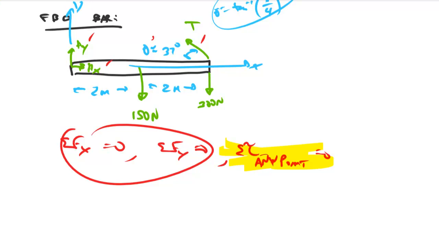I get to take the sum of the torques around any point. So if I choose to take the sum of the torques around a point that has a bunch of unknown forces going through it, I don't really have to include those, because remember, the torque caused by a force going through that point is 0, right?